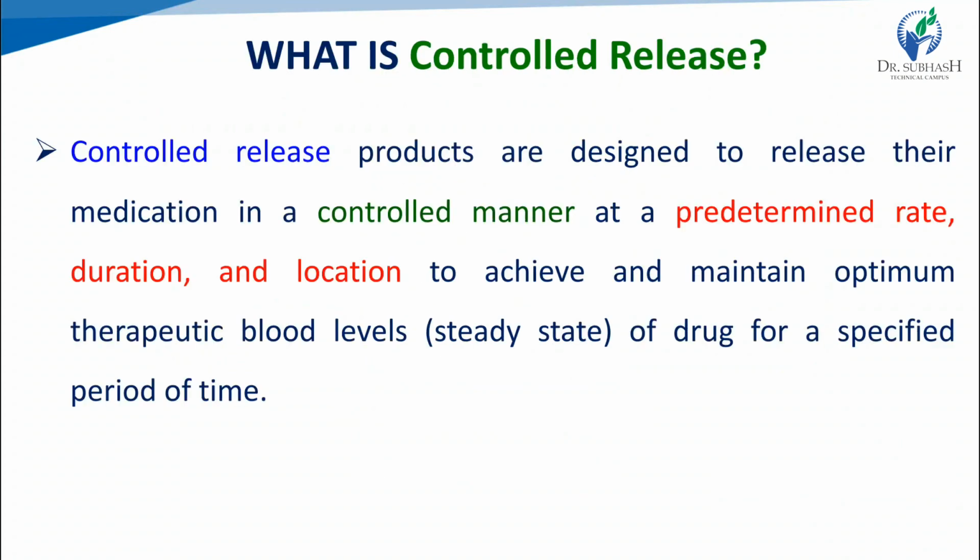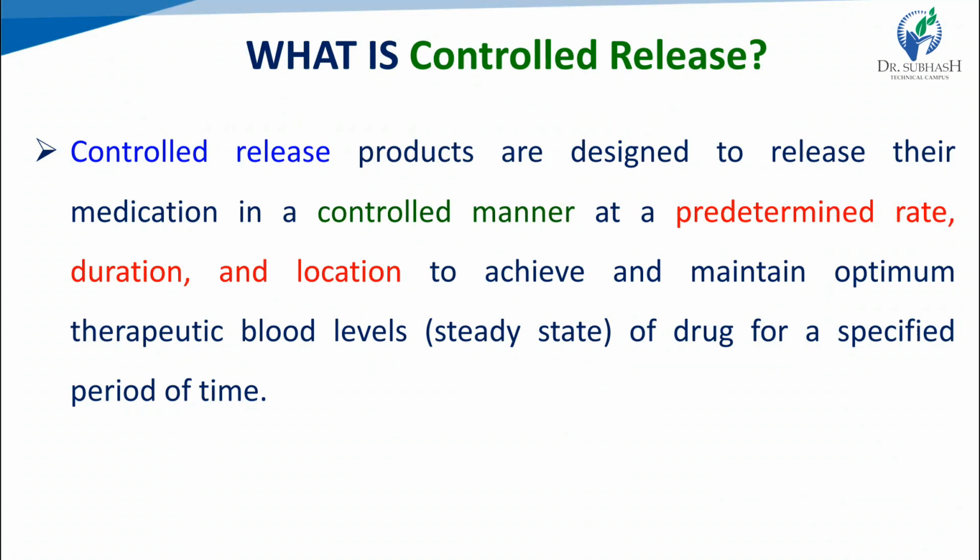So what is control release? The term means controlling the release of drug from the dosage form. Control release products are designed to release the medicament or drug in a controlled manner. The first criterion is the release of drug from the dosage form in a controlled manner at a predetermined rate, for a longer duration, and at a site specific, particular location, to achieve and maintain the optimum therapeutic blood level of a drug for a specified period of time.